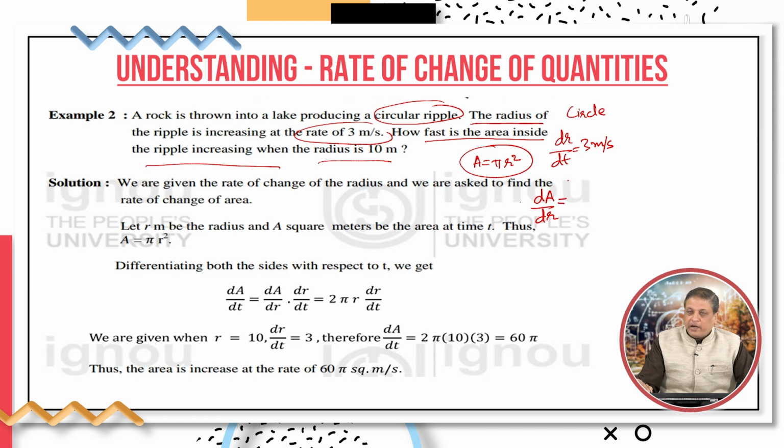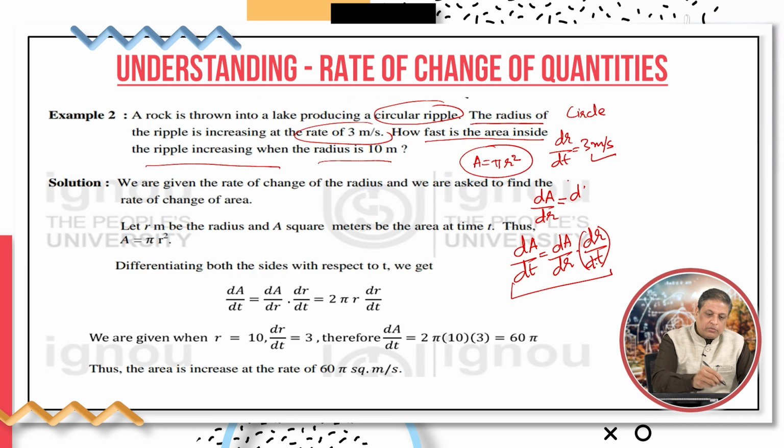So, in order to connect dA by dr with dr by dt, we are supposed to apply the chain rule. That means we are supposed to write it like this: dA by dt is equal to dA by dr into dr by dt, and dr by dt is given to us, that is 3 meter per second. I hope you understood why we used the chain rule and how to understand the problem statement.